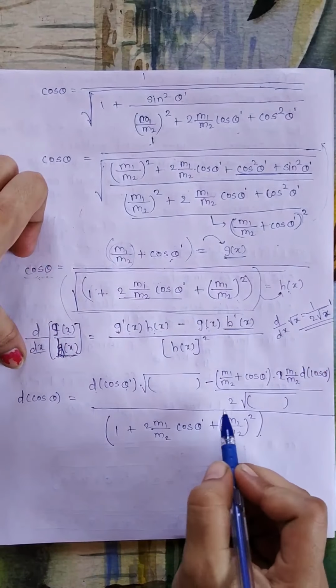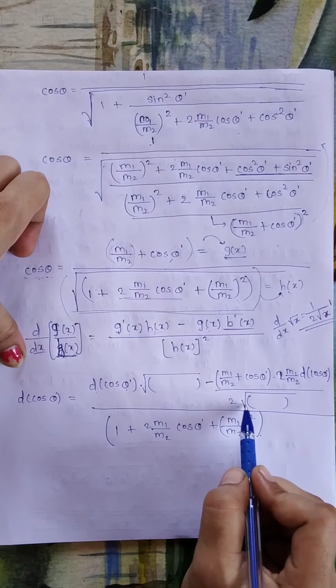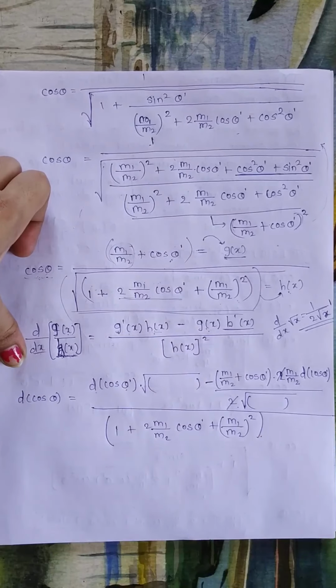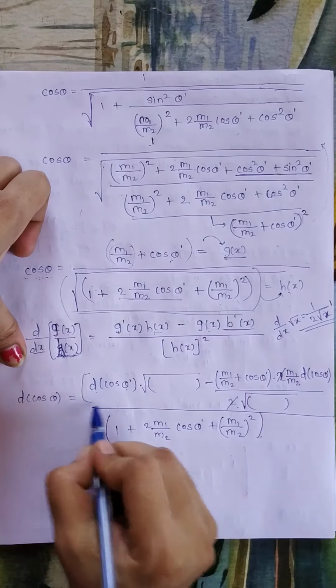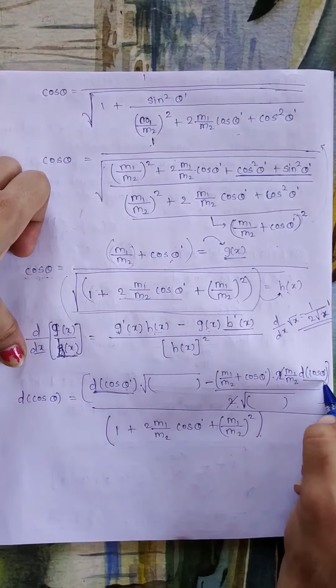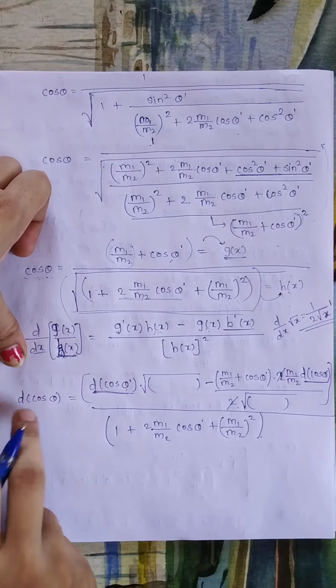So now here if you observe, again we will make the denominator same. Before that, this 2 will get cancelled with this 2, and here from these two terms we can take the derivative of cos theta dash common and we will take it to the LHS.